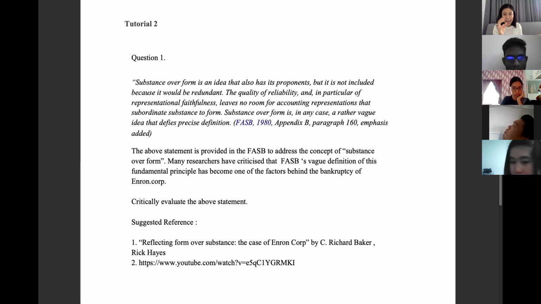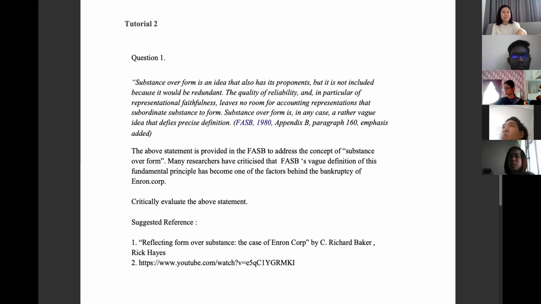There are this kind of special purpose entities, and even now they're still being used by big companies to diversify their leverage ratio. And of course, this company made use of this method to diversify all the loans, all the investment.